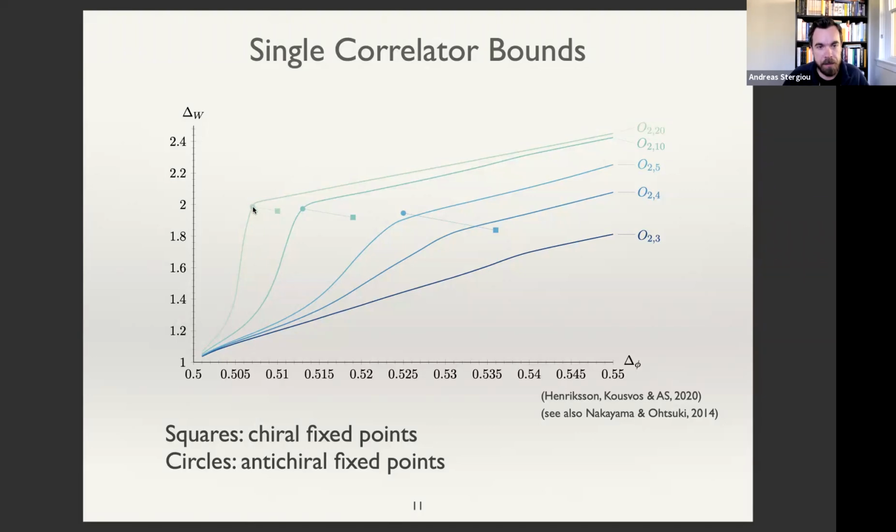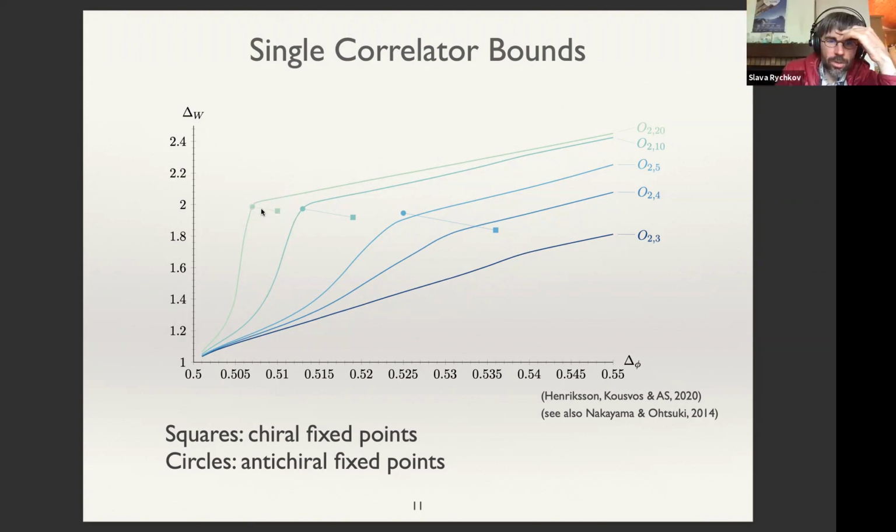correspond to the chiral fixed points, and the circles to the antichiral fixed points. So what we see, especially up here, where the large N results are trustworthy, is that the kink is saturated by the antichiral fixed point, with the chiral fixed point in the allowed region. This is how it works.